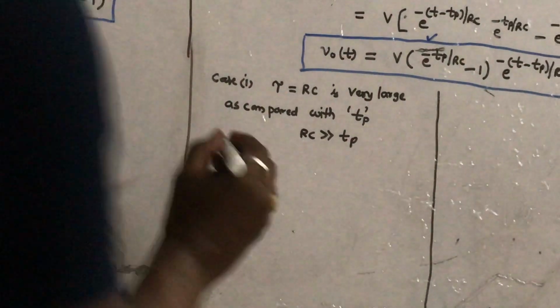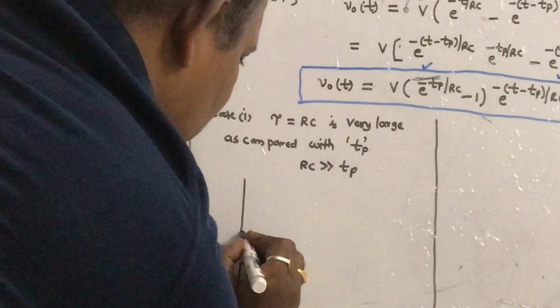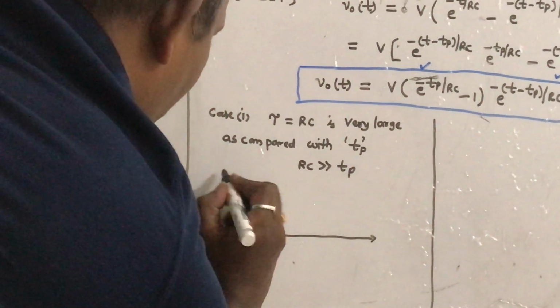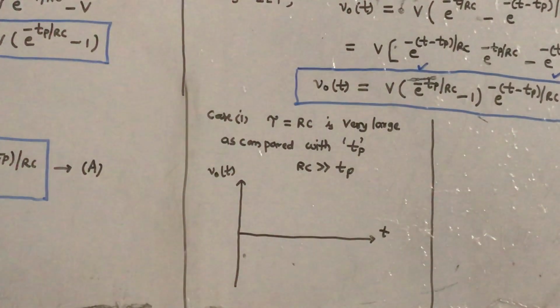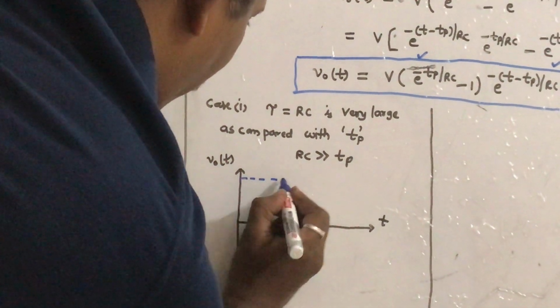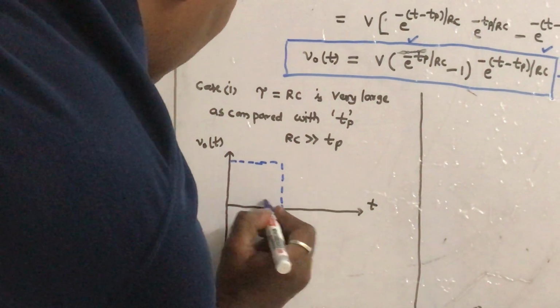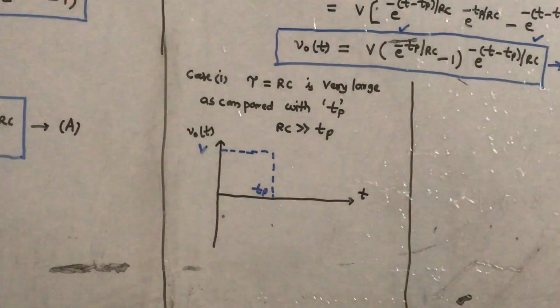In this case the output waveform is given as follows. Since the time constant is very large, first draw the input waveform. This is your input waveform: draw the input pulse of width Tp and amplitude V.